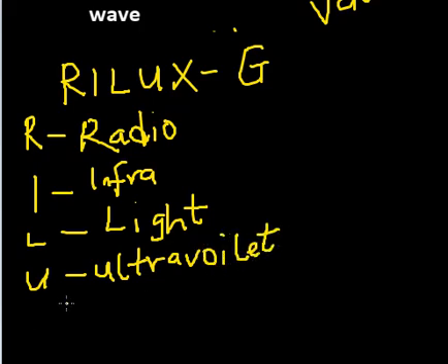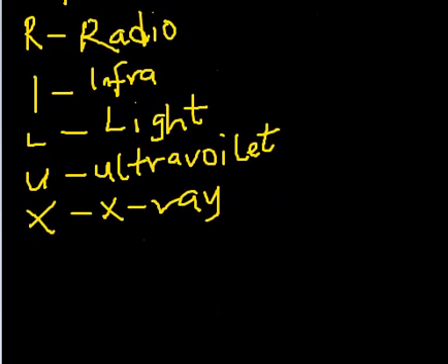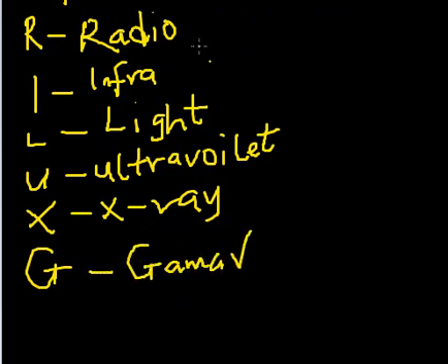Then X represents X-ray, and last but not least, G represents gamma. So radio is from radio stations, infrared mostly from your phone, light of course from your torch, ultraviolet from the sun, X-ray used in scanning the human body, and gamma is a radiation from radioactive substances.